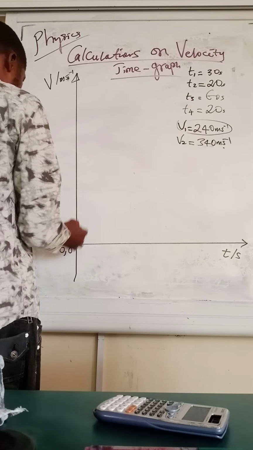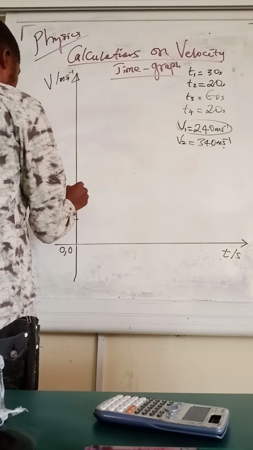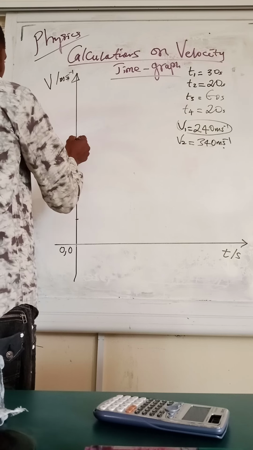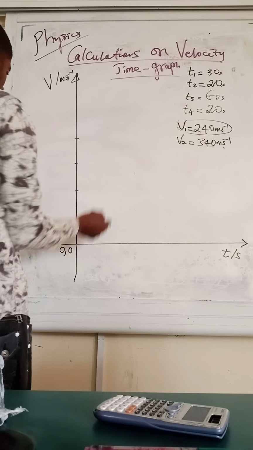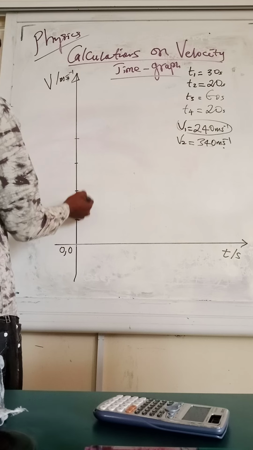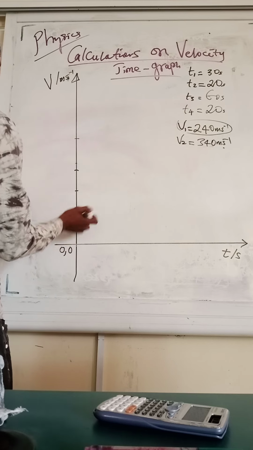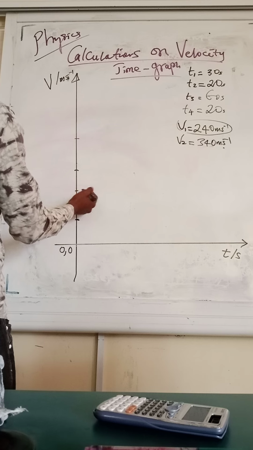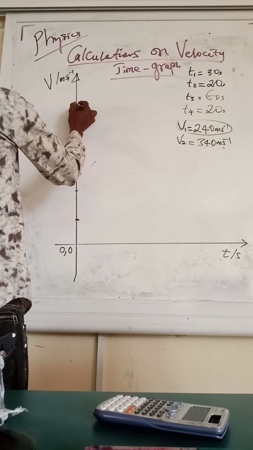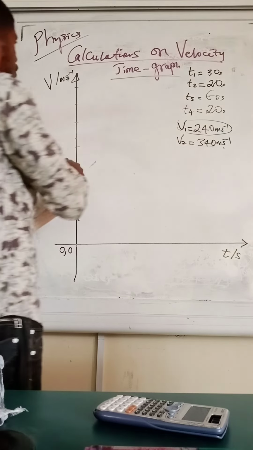So let's choose steps of 50: 50, 100, 150, 200, 250, 300, and 350.